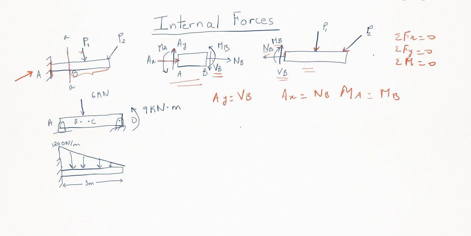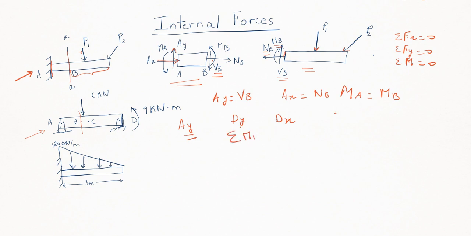Now let's take for example this example. Let's say we want to see at B. So first we need to find AY, and we have dy, dx. Okay, so let's find AY first.